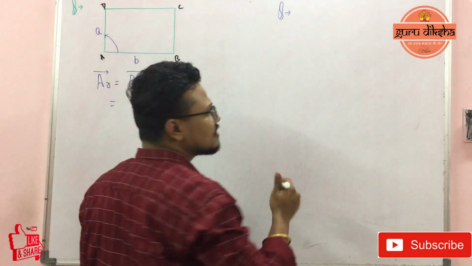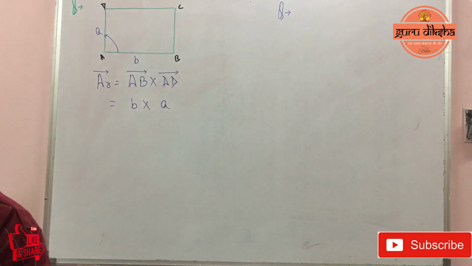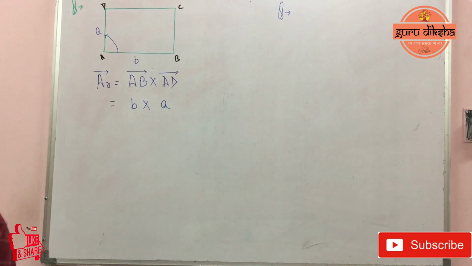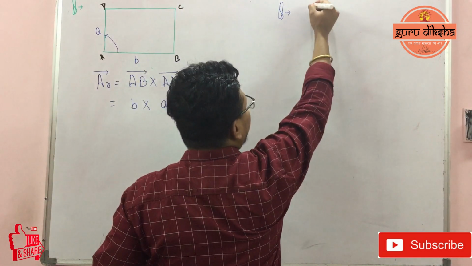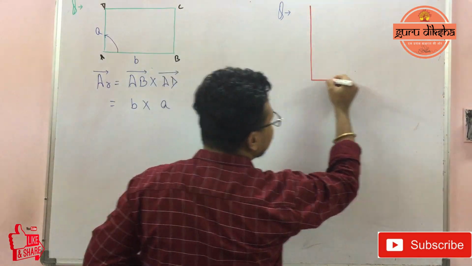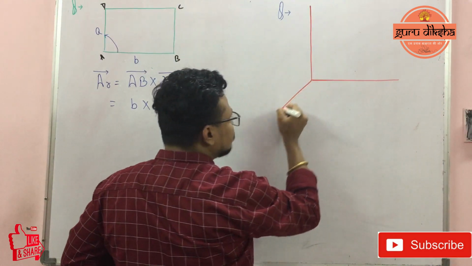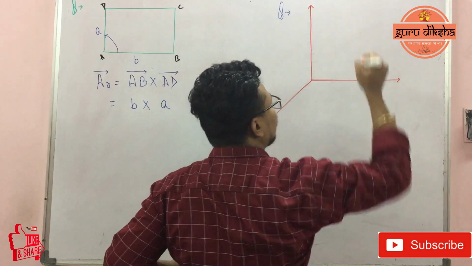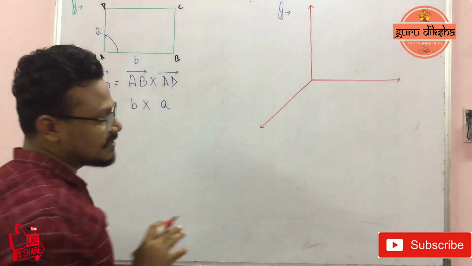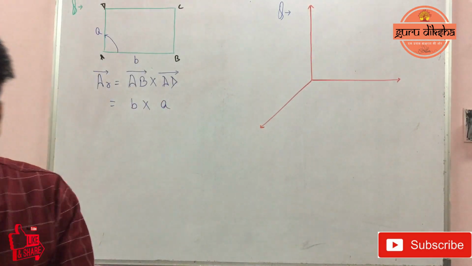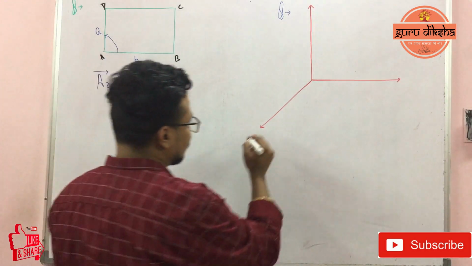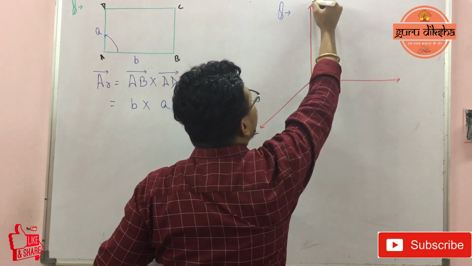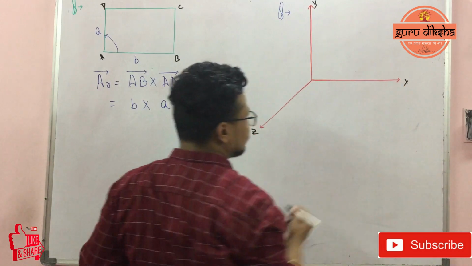See now, one more question. A little bit good question we will take now. I have taken XYZ axis. Achha. See, this is Z axis, this is Y axis, and this is X axis.